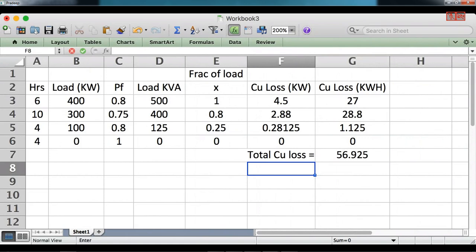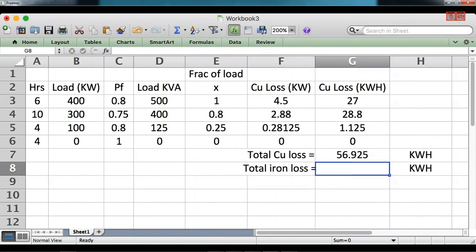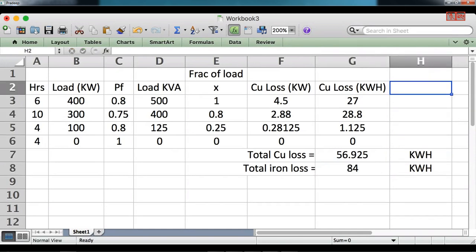Total iron loss in terms of energy. So this is in kWh. So total iron loss in terms of this one will be nothing but 3.5 multiplied by 24. So that is 84.